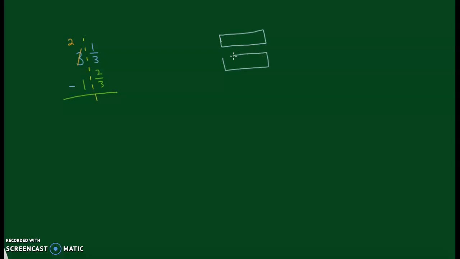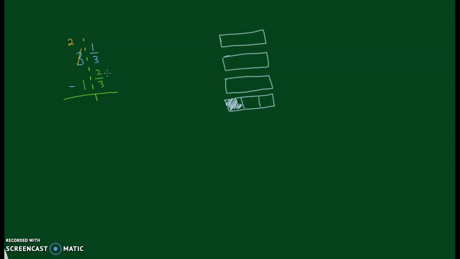So 3 1/3. All right, so I've got my 3 whole rectangles, and I've got 1/3 of another rectangle, and I want to take away 1 2/3 from that.